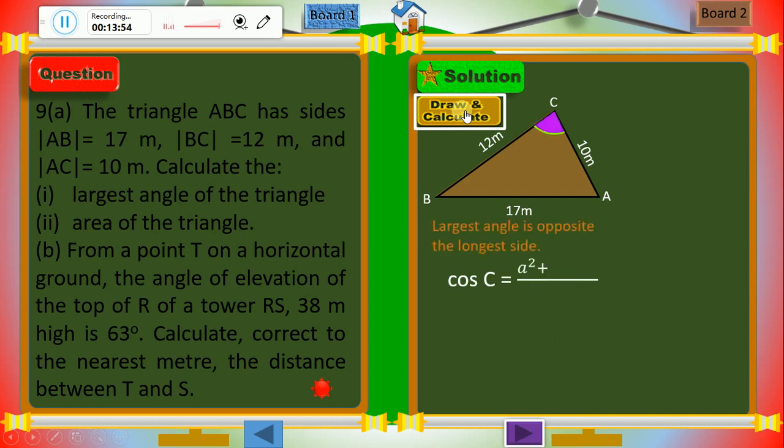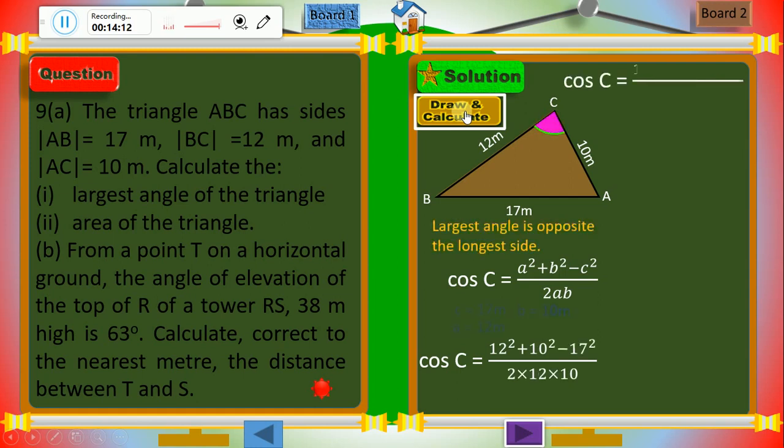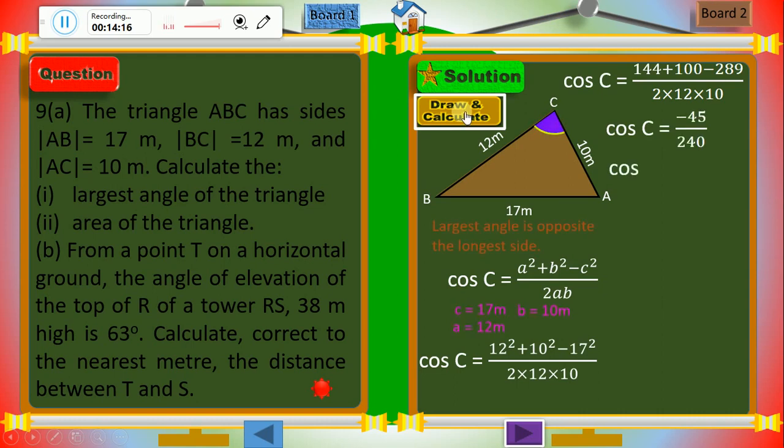Using cosine formula, we now solve for the largest angle. C is 17, B is 10, A is 12. We substitute. Then we'll have this. We now calculate C to give us that. Then the angle C is 100.8 degrees.